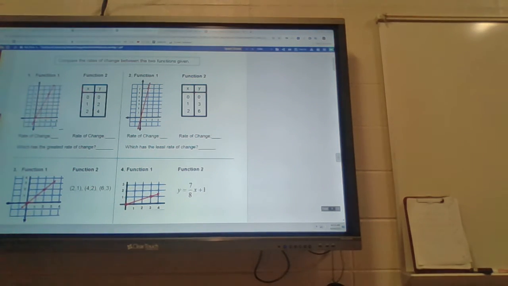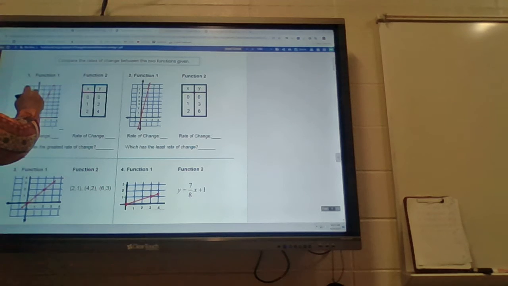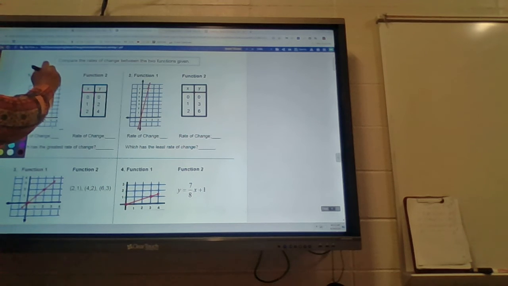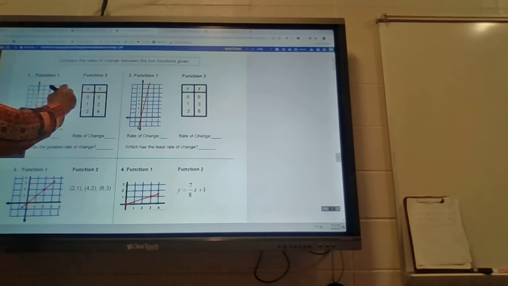Okay, for this one, I'm gonna calculate my slope. So here to here like that. So here my slope is 6 over 2, but I'm gonna simplify that to 3. So that one's 3. Rate of change and slope is the same thing.